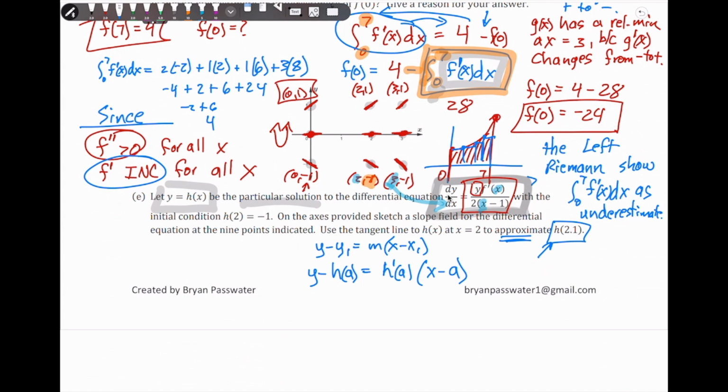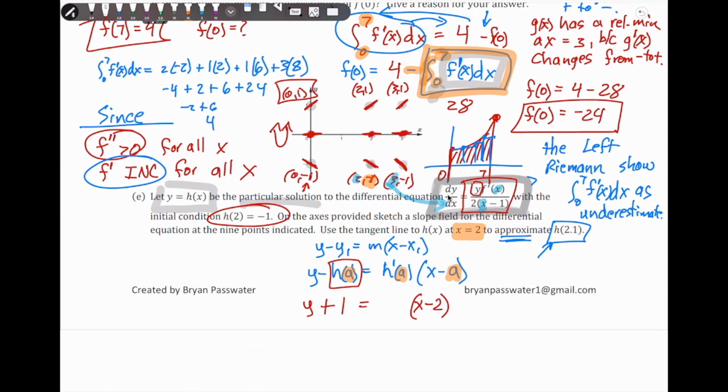Okay, so our a value is this input of 2. That's going to go here, here, and here. So we want to know, okay, so x minus 2, what is h prime at 2? Okay, h prime of 2 is going to be, first of all, we know what h of 2 is because it was given to us right here with this initial condition.